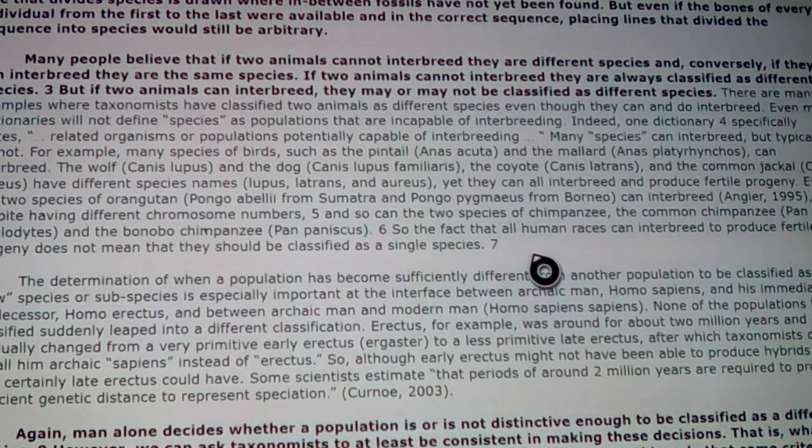Number 5, he points out, the two species of chimpanzee, the common chimpanzee, Pan troglodytes, and the bonobo chimpanzee, Pan paniscus. And his 6th example: the fact that all human races can interbreed and produce fertile progeny does not mean that they should be all classified as a single species. All of humanity being different.